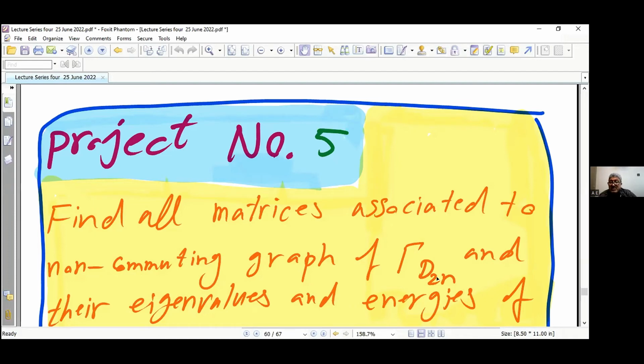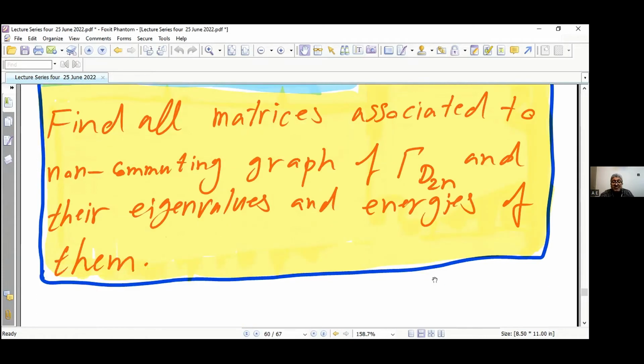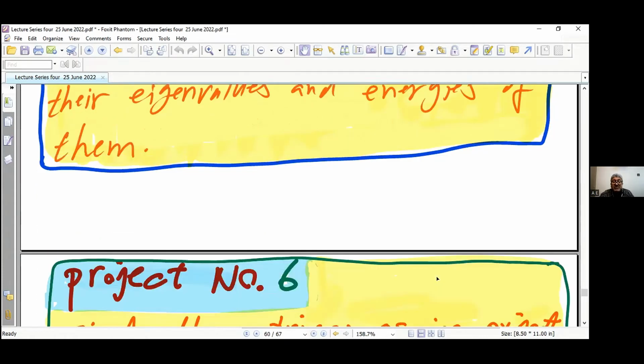But if n is odd, the size of these matrices is 2n minus 1 by 2n minus 1. Then you have to compute eigenvalues for each of these matrices, and finally determine the energy. So project number 5 is to compute all of these matrices for the non-commuting graph of the dihedral group of order 2 times n.